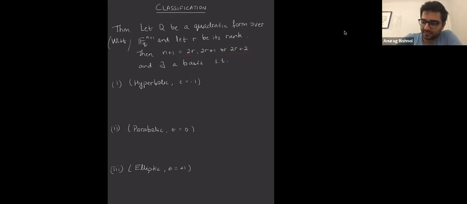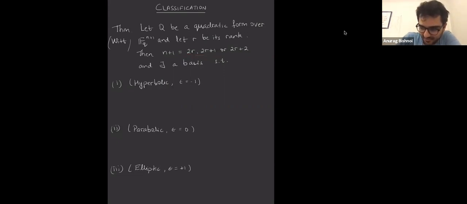Okay, so then one of these things is true, and these three things correspond to the following three cases here, which says that there exists some change of basis of your vector space in which you can write down these quadratic forms in one of the following ways.